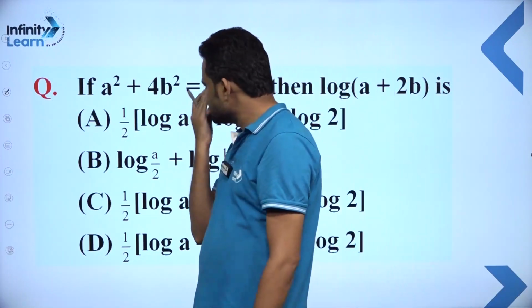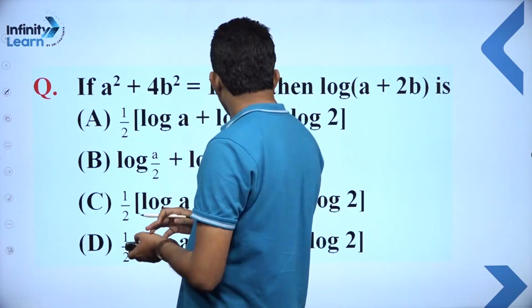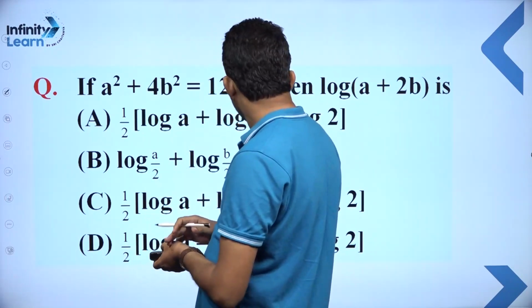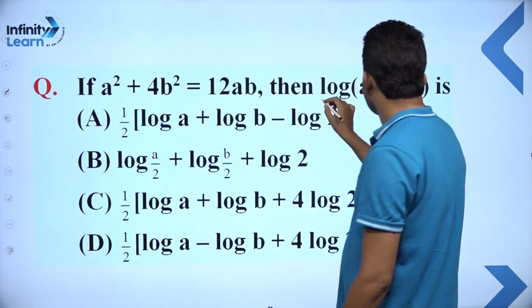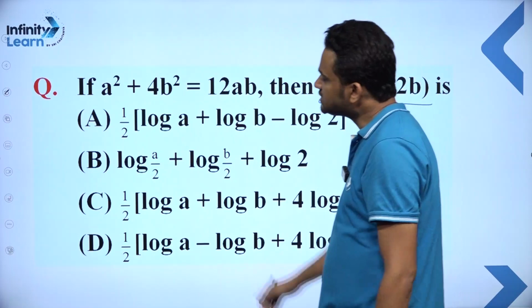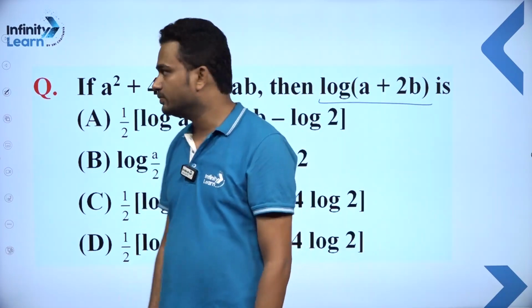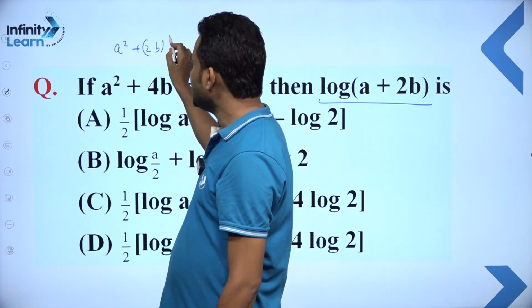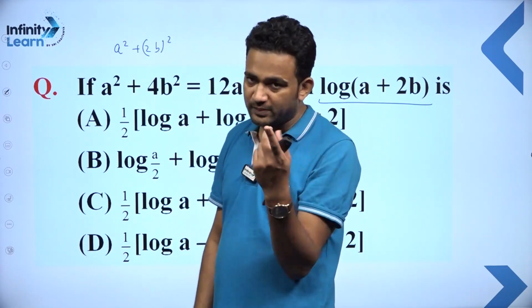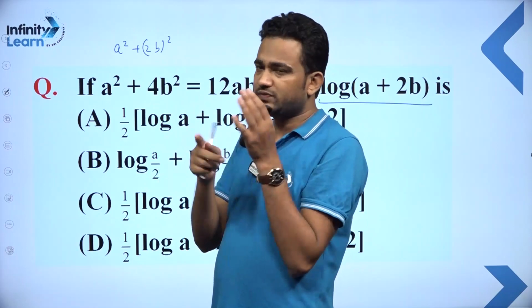So let us use some identity, right? How we can convert this in the form of identity, because we have to find the value of log a plus 2b. So let us try to make the formula of a plus 2b whole square. So this is a square, this is 2b whole square, then 2ab is missing. If you want 2ab, so 2 into a into 2b is 4ab.